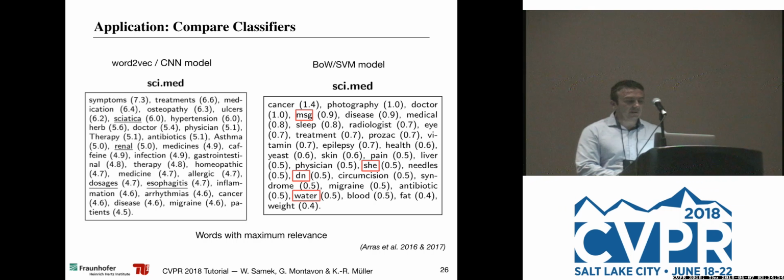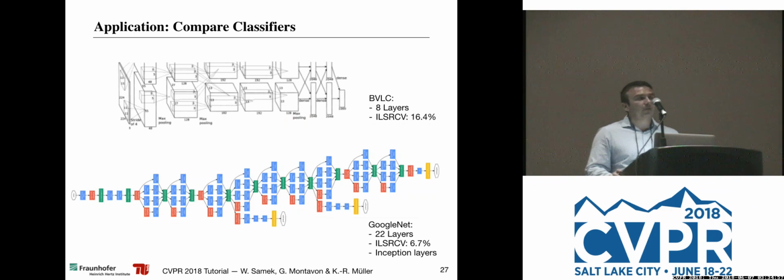That was the first example. In the second example, we did the same thing for classifiers in the computer vision domain. We compared two models here: the reference model with 8 layers on ImageNet, and a GoogleNet with many more layers and much better performance.